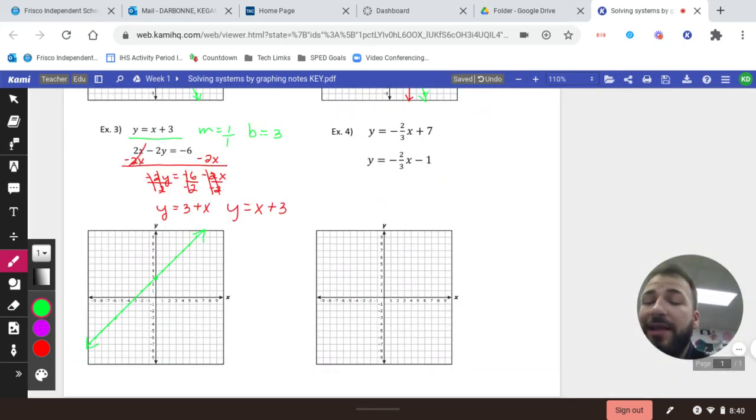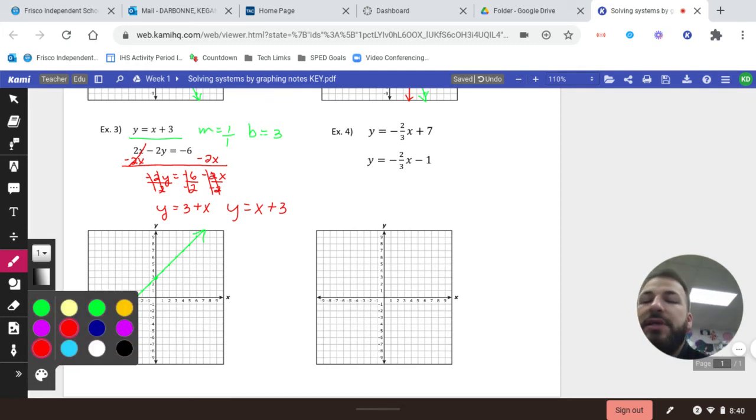Okay, our second line, what you probably already picked up and you're like, Mr. Arbone, what's going on, is also y is equal to x plus 3. So let's just go ahead and graph it. It's going to be the same thing. Slope is equal to 1 over 1. B value is equal to 3.